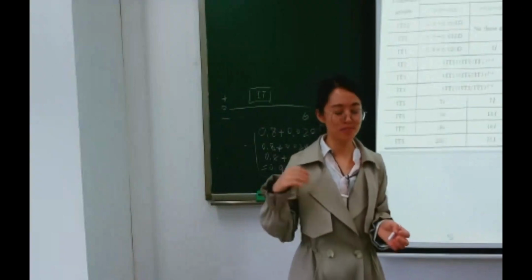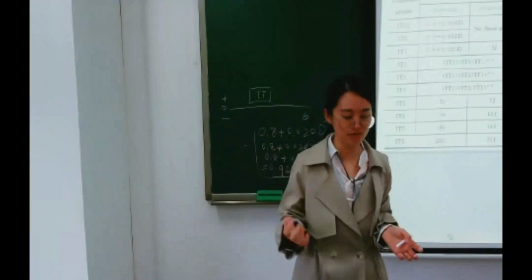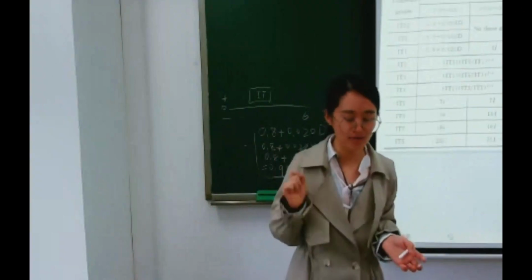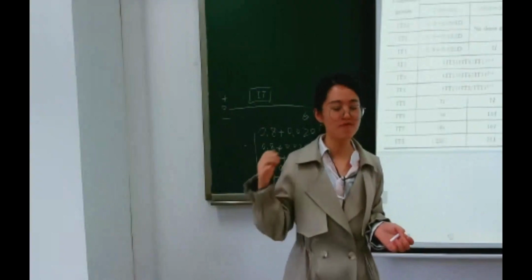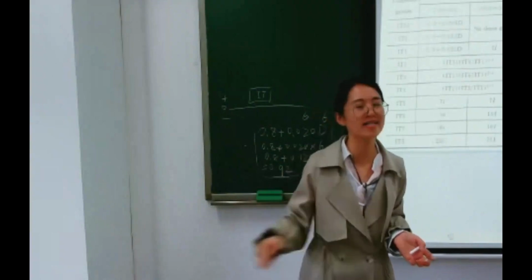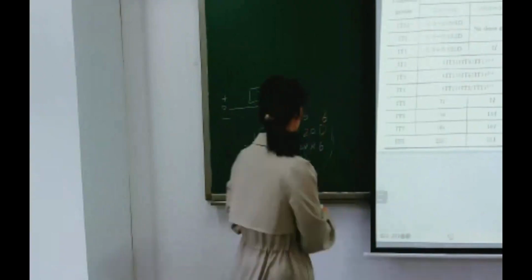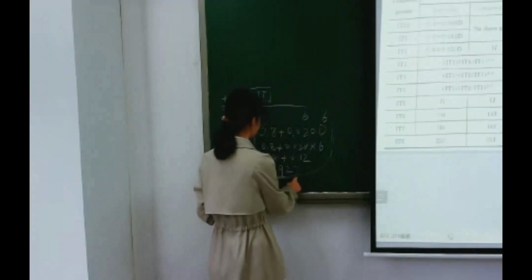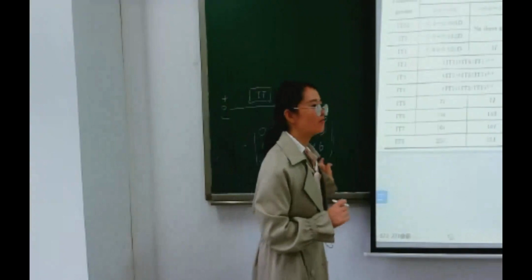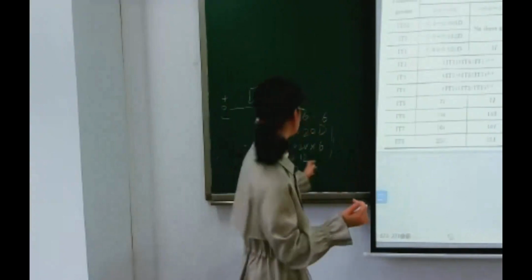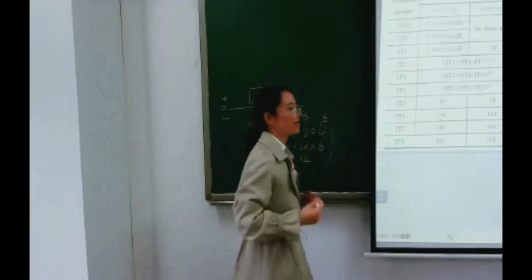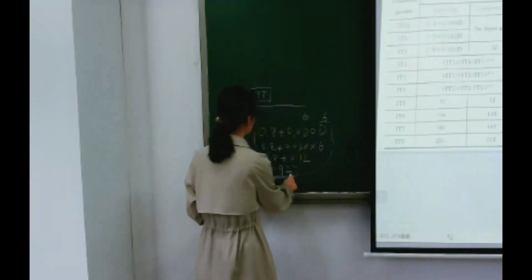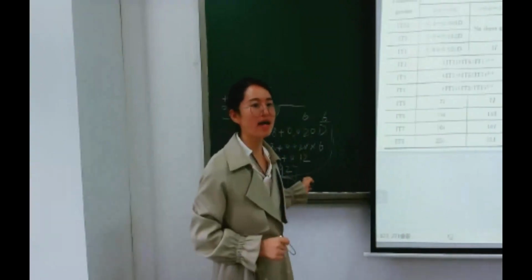Actually, you don't need to calculate it, you just need to know how to find it. For example, if the diameter is 6, or 5, or 4, you can get a different tolerance.